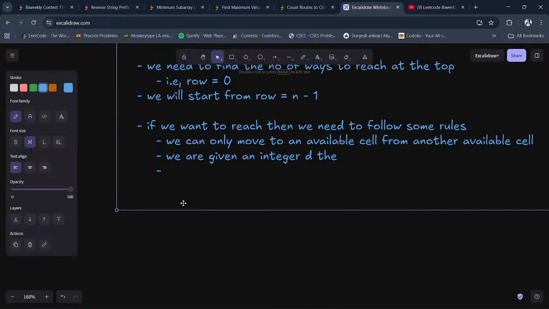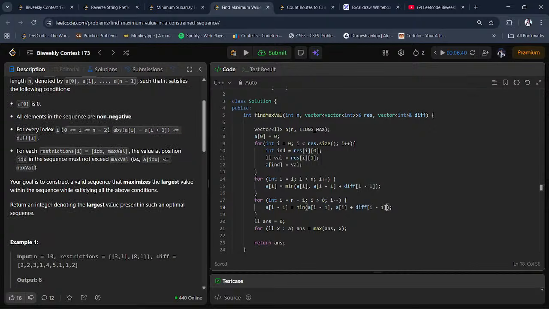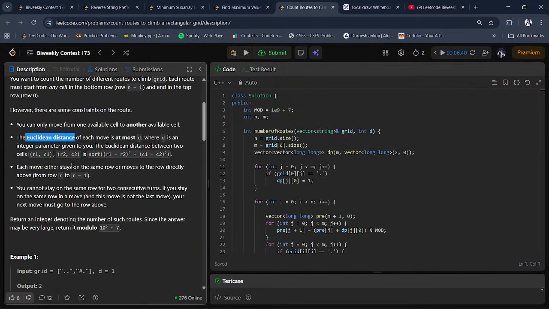For those who don't know, let me write it here. It is nothing but the square root of, if r is the row and r1 is another row, their difference squared, r minus r1, and similarly for columns. So yeah, this is the Euclidean distance.